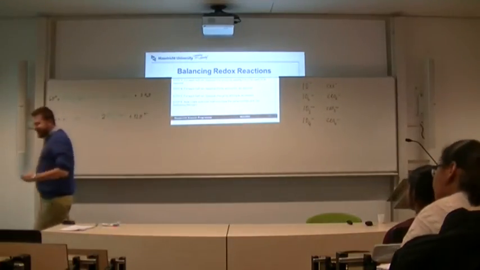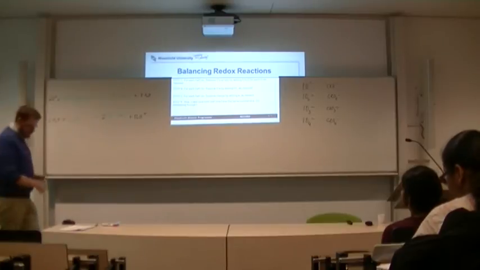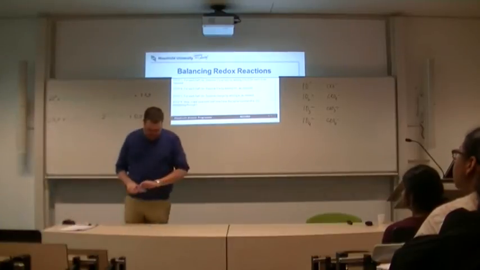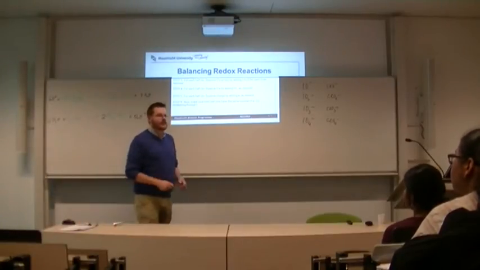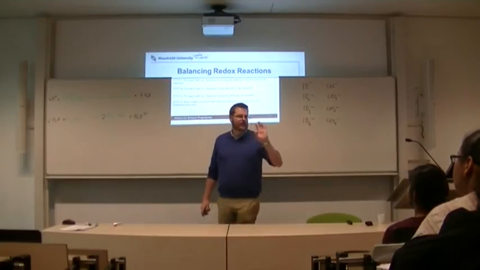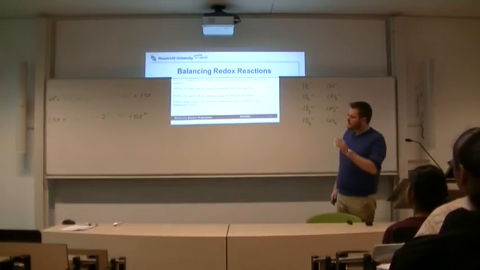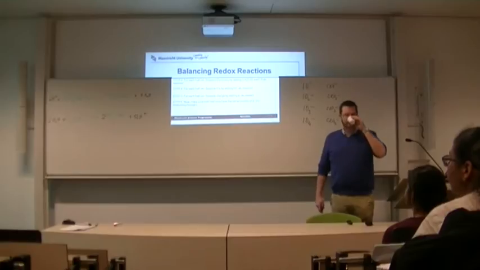Right, what's the next step? Now notice all the atoms are balanced. What do we do now? Now we have to balance each half reaction in terms of electrons to balance the charge. So how do we do that? Let's start with the top half reaction.